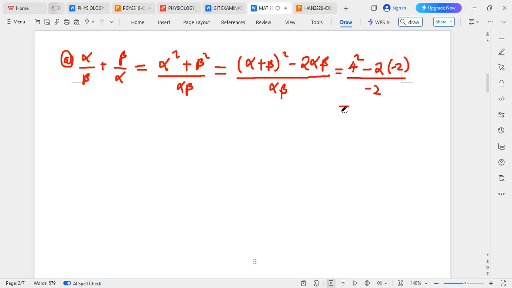So this is going to give us 4 squared is 16. Negative 2 times negative 2 is positive 4, over negative 2. 16 plus 4 is 20. 20 over negative 2 is negative 10. So that is the answer for this one.